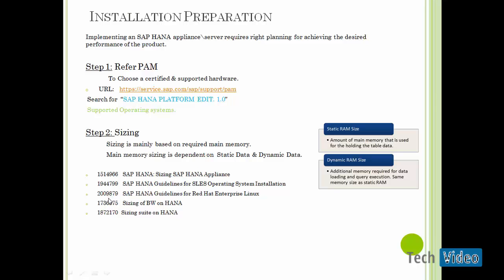And the next note 2009879 explains guidelines for sizing Red Hat Enterprise Linux for SAP HANA installation. And SAP note 1736975 explains about sizing of BW product on HANA. For installing BW product on HANA, what sizing measures do you follow is explained by this. And next is 1872170, which will explain about sizing for business suite product installations on HANA.